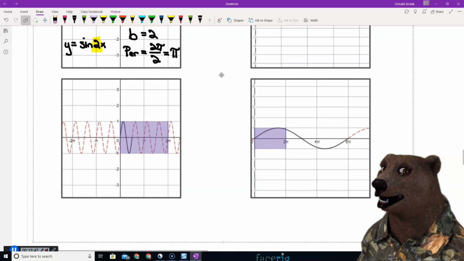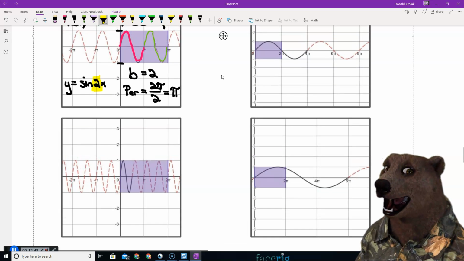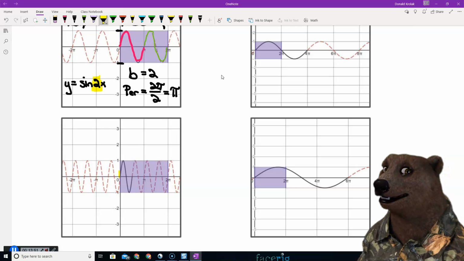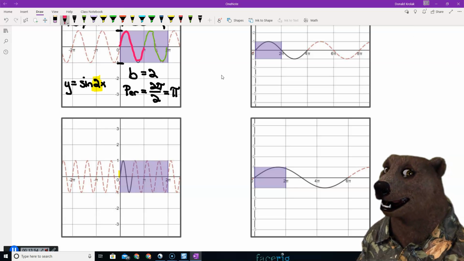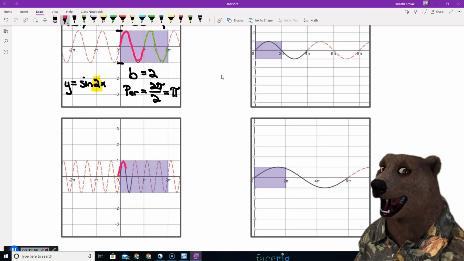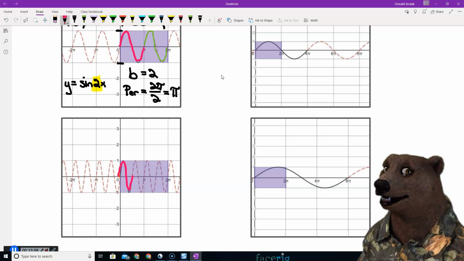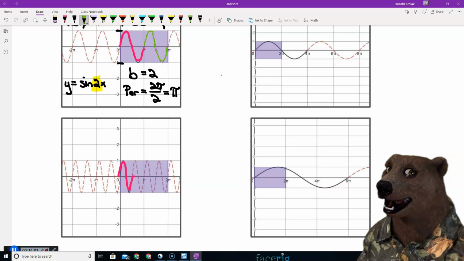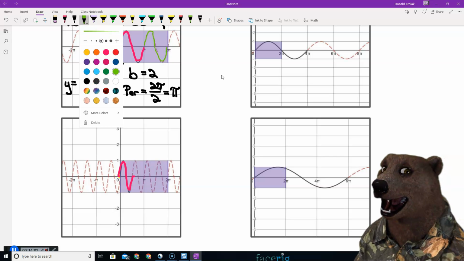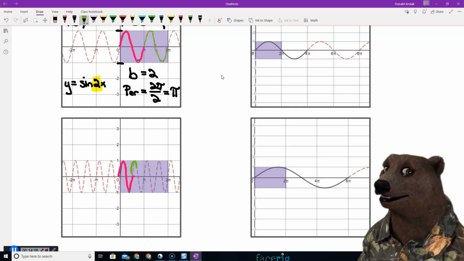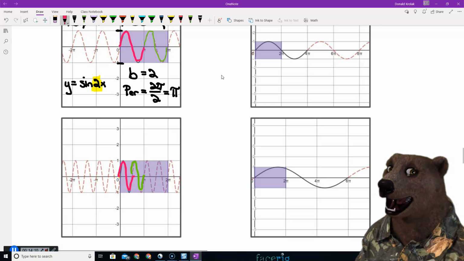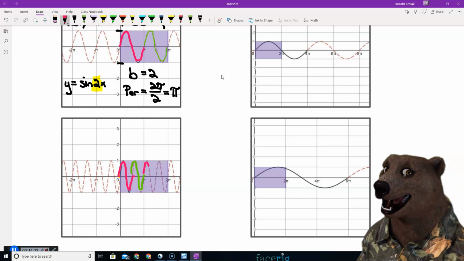All right, let's take a look at the next guy here. Okay, now we see a whole bunch of cycles. There's 1 cycle of sine. Here's another cycle of sine. There's 2 of them. And then you'll see I'm going to get 2 more in here. There's 3. And there's 4.